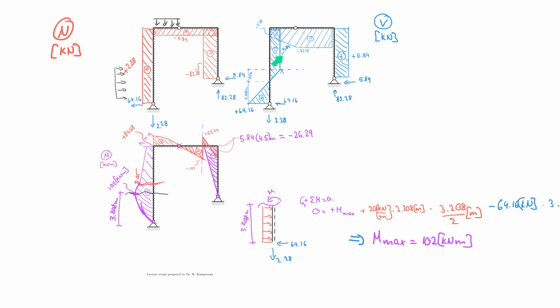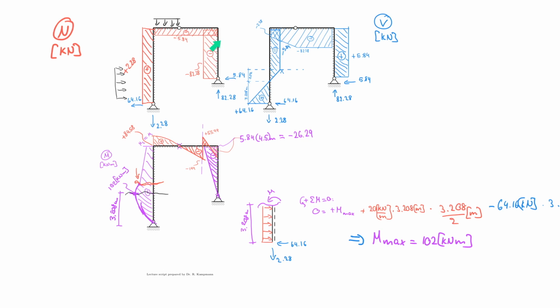And let's compare this, right? So the 5.84 here is reflected in the horizontal member for the normal force. 82.28 in the right member is reflected in the shear force for the horizontal member.